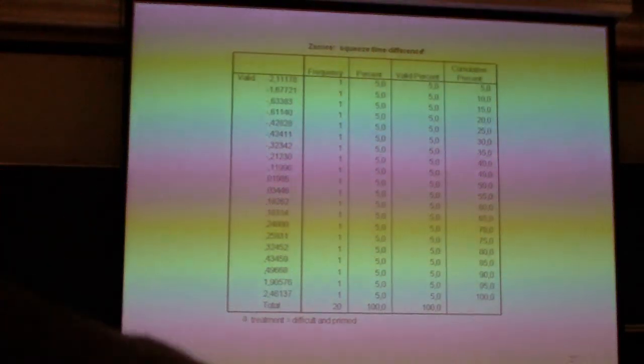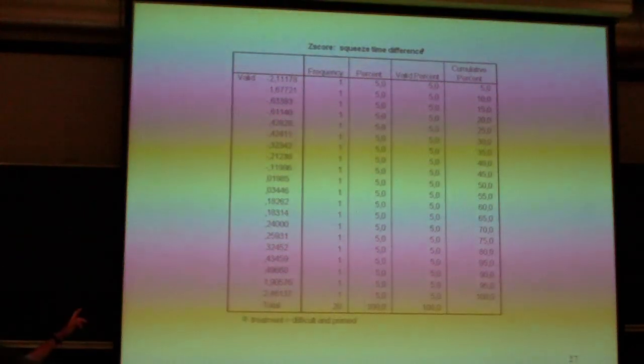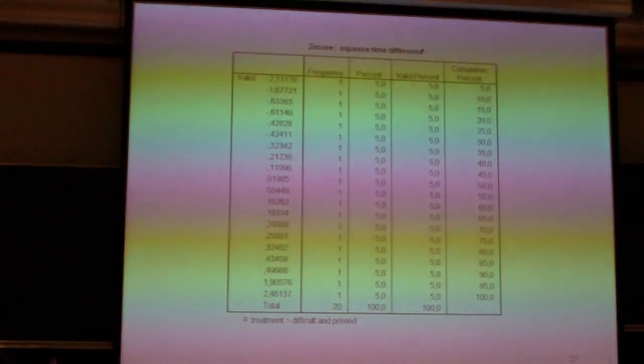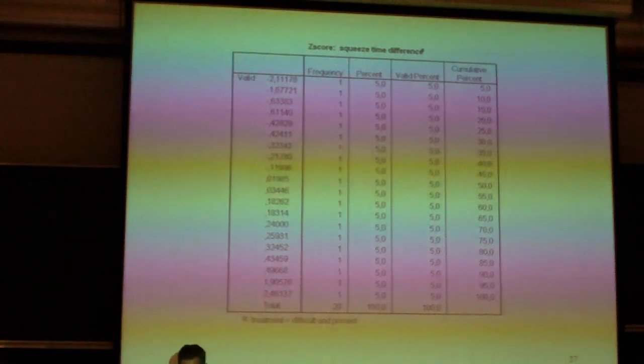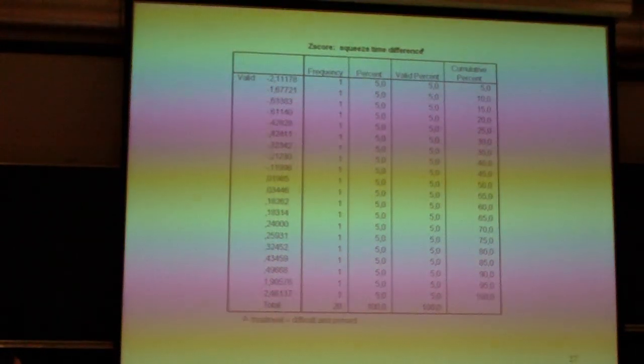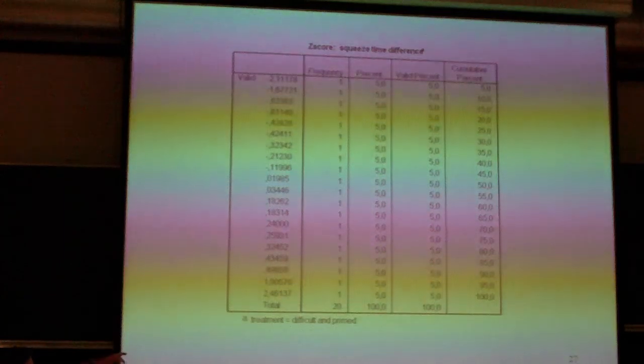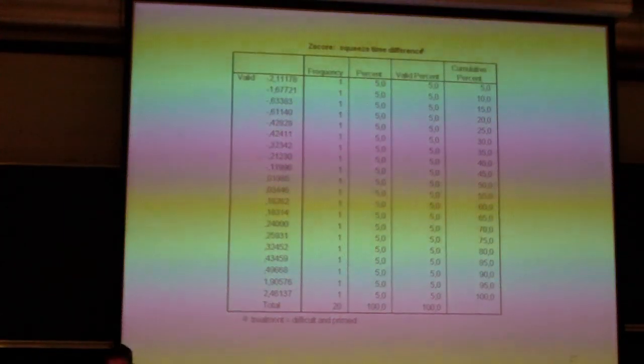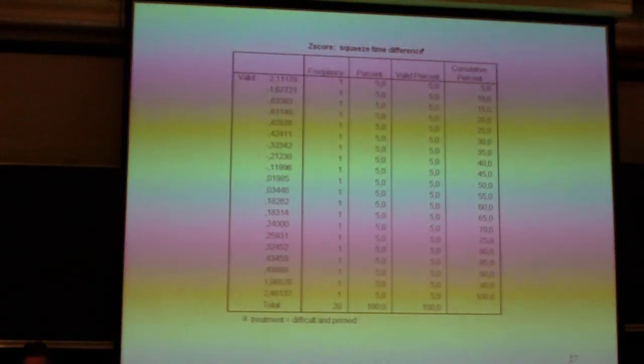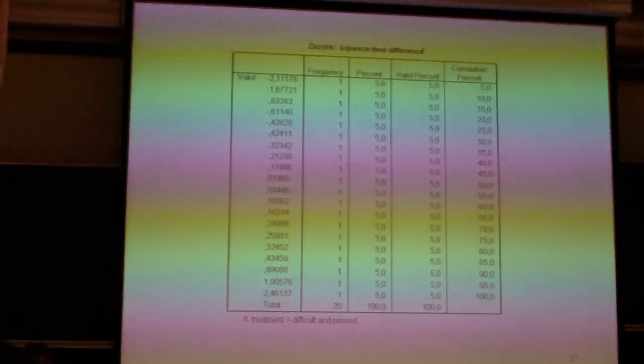If we look at the first group, which was faced with difficult labyrinths and was primed to hold on, we can see that the most extreme score on the left side corresponded to a z-score of minus 2.11, and the most extreme score on the upper side corresponded to a z-score of 2.46.